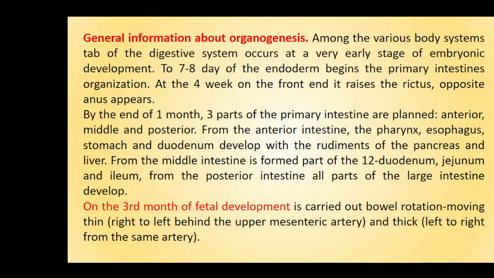In the 3rd month of fetal development, bowel rotation is carried out, moving the thin intestine right to left behind the upper mesenteric artery and the thick intestine left to right from the same artery.